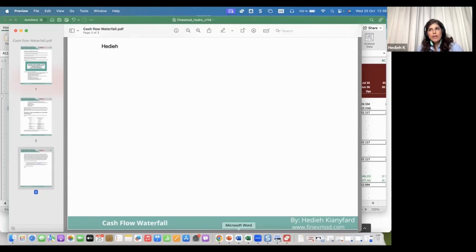So as a financial modeler, someone who's working on the financial model, you should also be able to understand the legal language and how this cash flow waterfall that you need to build in the model is formulated in the contracts. And maybe you as a financial modeler would also need to contribute in drafting these kind of documents, because as you know, most of the things that are in the contracts are somehow included also in the financial model.